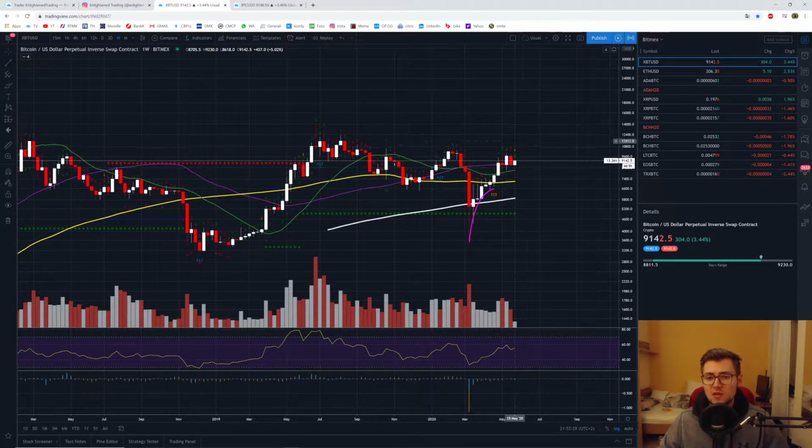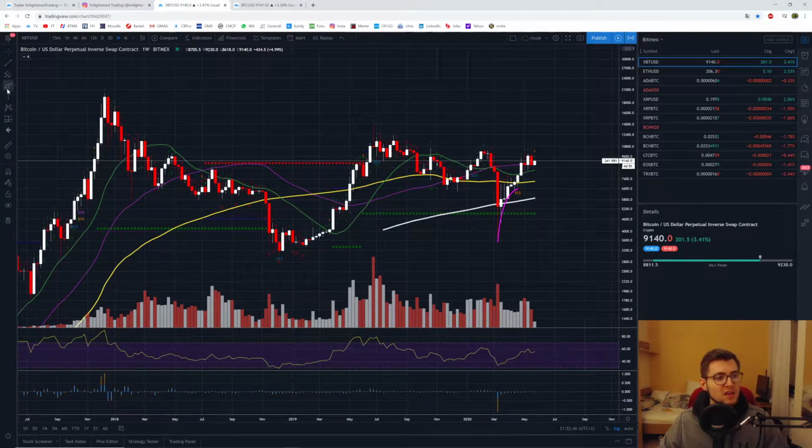This could either signal further consolidation with a 9, maybe reaching all the way down to 7,500 and then bouncing higher to create a huge inverse head and shoulders here on the Bitcoin weekly time frame. So this could look similar to this.